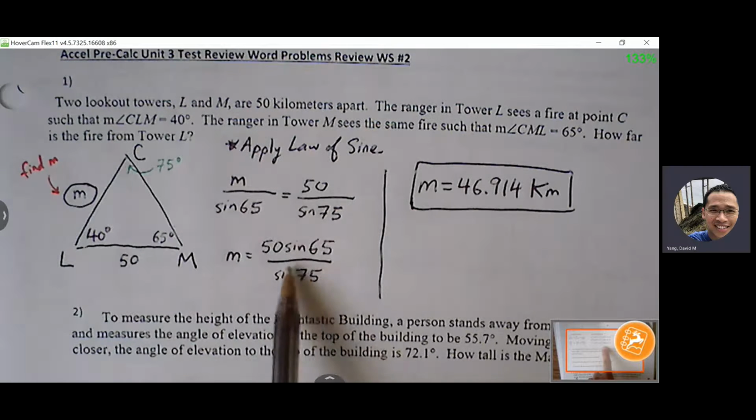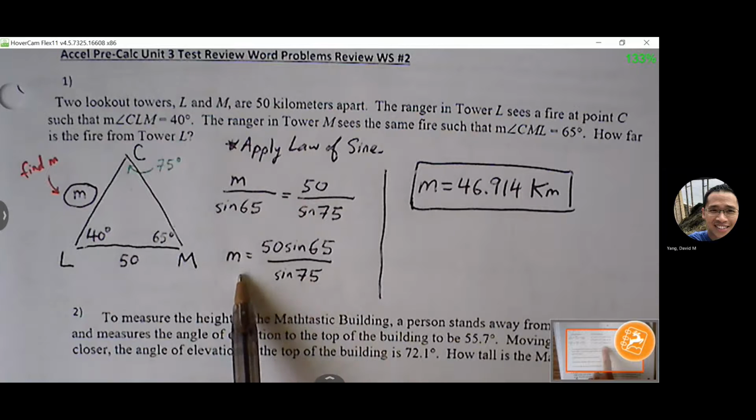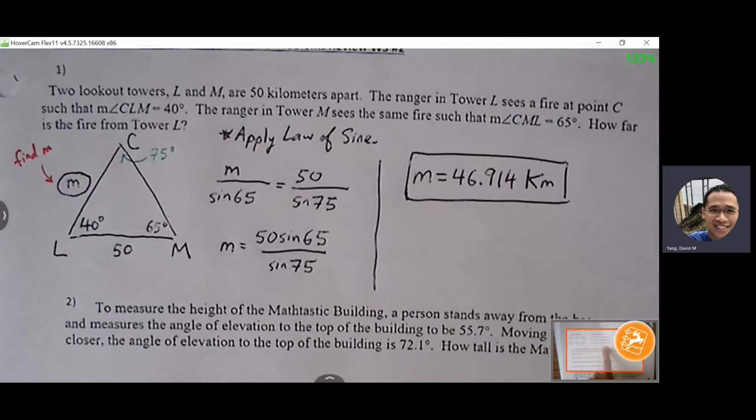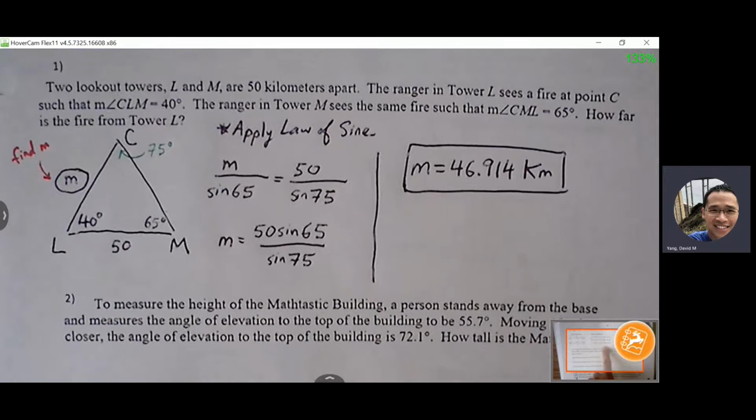Cross multiply. 46.914. Do you guys get that? Okay, any questions with 1? Okay, number 2.